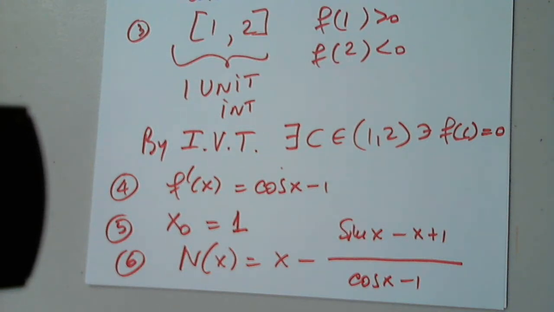Now, make sure the mode is in radian mode. Yes, it is. I go to y equals. I will insert an x, subtract, and put parentheses all the way, then divide by parentheses again, cosine x minus 1.